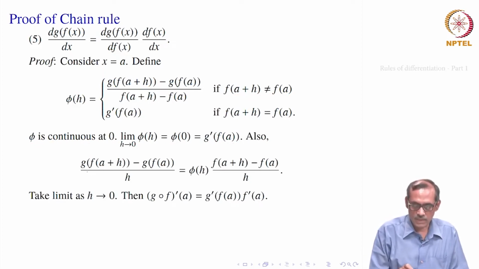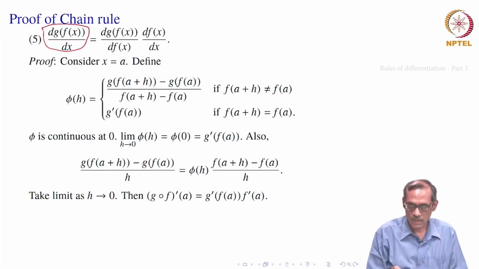Now, again we observe that g of f of a plus h minus g of f of a divided by h, which in the limit would give us the left side. So, that ratio is equal to phi of h times f of a plus h minus f of a divided by h. How is it true? If h is not equal to 0, then f of a plus h is not equal to f of a, that applies.